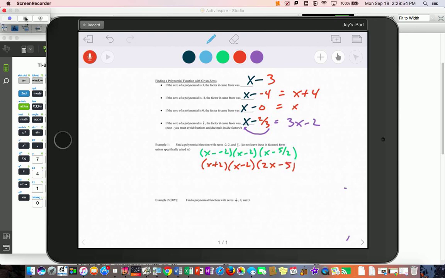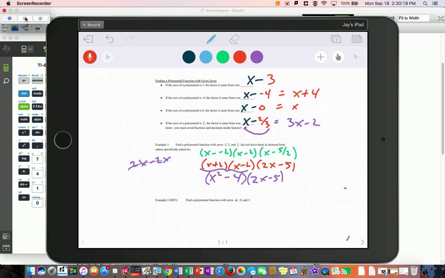So we're going to go ahead and multiply. I would do these two first, FOIL them. So I get x times x is x squared. Now remember, the middle is 2x, and the outside is negative 2x. So they go away, that's 0. And 2 times negative 2 is negative 4. So there's no middle term there.